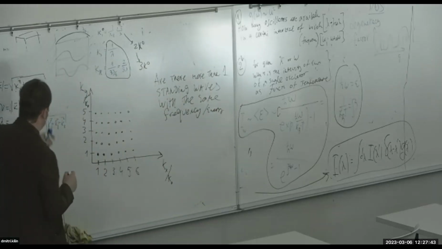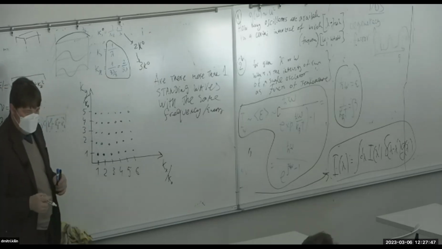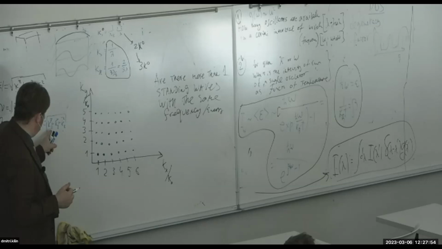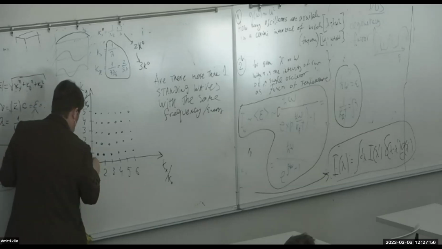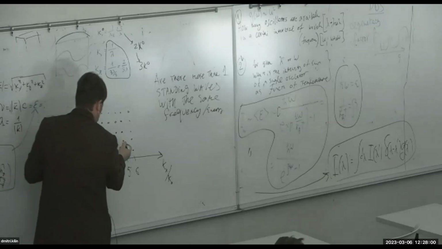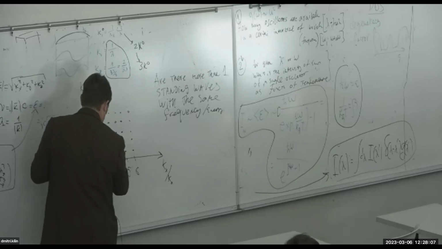So the energy of a standing wave is a square root of sum of squares, right? What does it mean geometrically? It means distance from the origin to a certain point. So it will be the square root of kx squared plus ky squared.